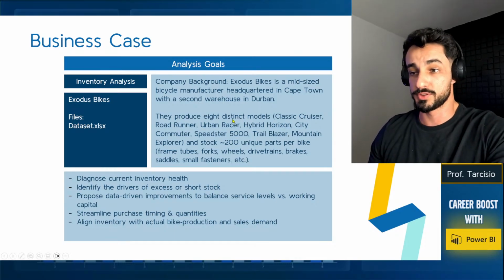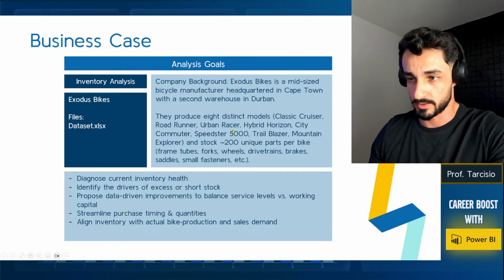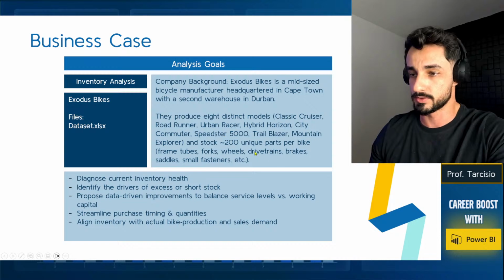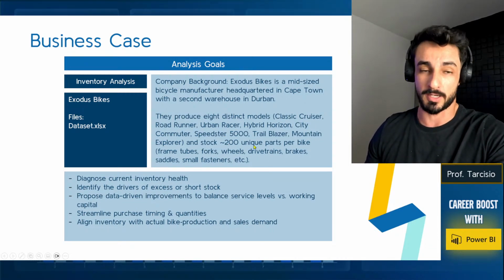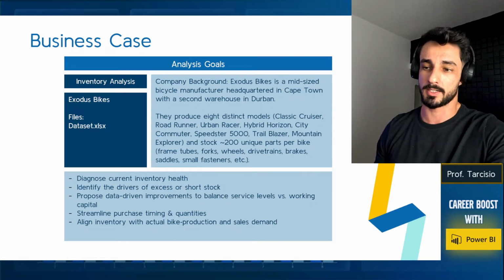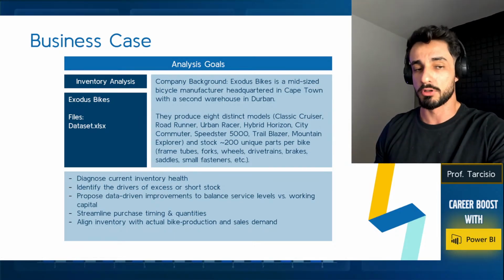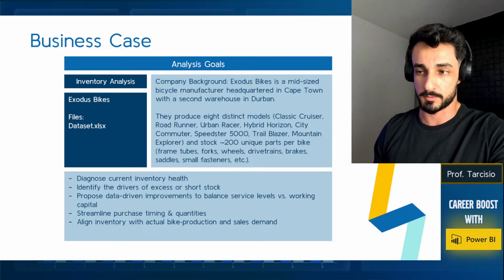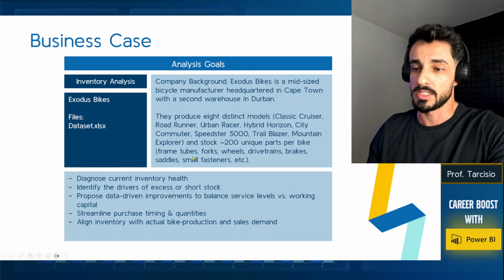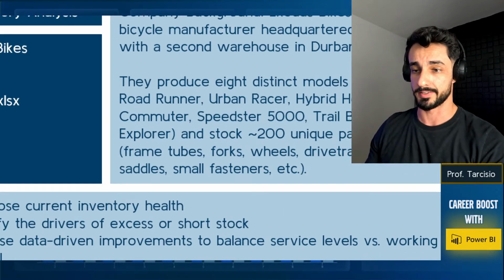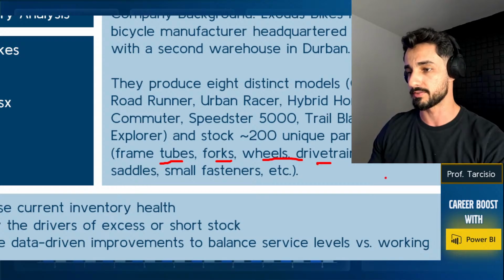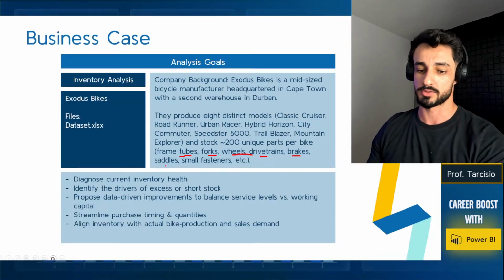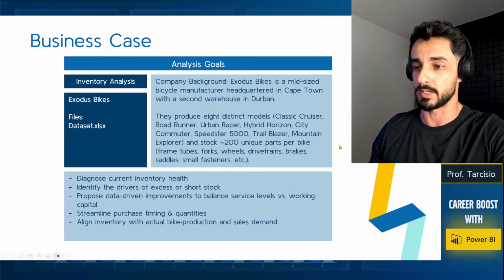So they produce 8 distinct models, and here we have all the 8 models in the text, and stock around 200 unique parts in our database. And these parts are like frame tubes, forks, wheels, drivetrains, brakes, and so on. All the parts from a bicycle.